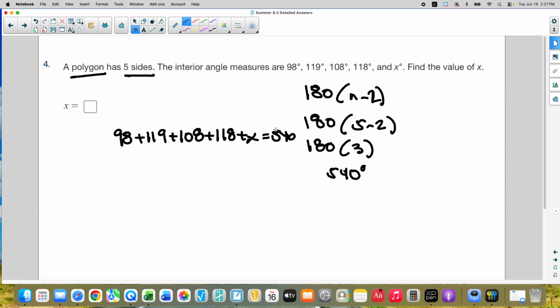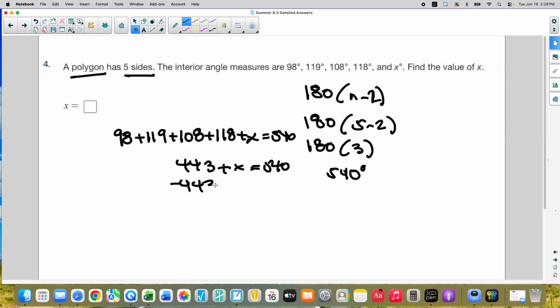Let's add all those together and see what we get. 98 plus 119 plus 108 plus 118 adds up to 443, plus the missing angle should all add up to 540.